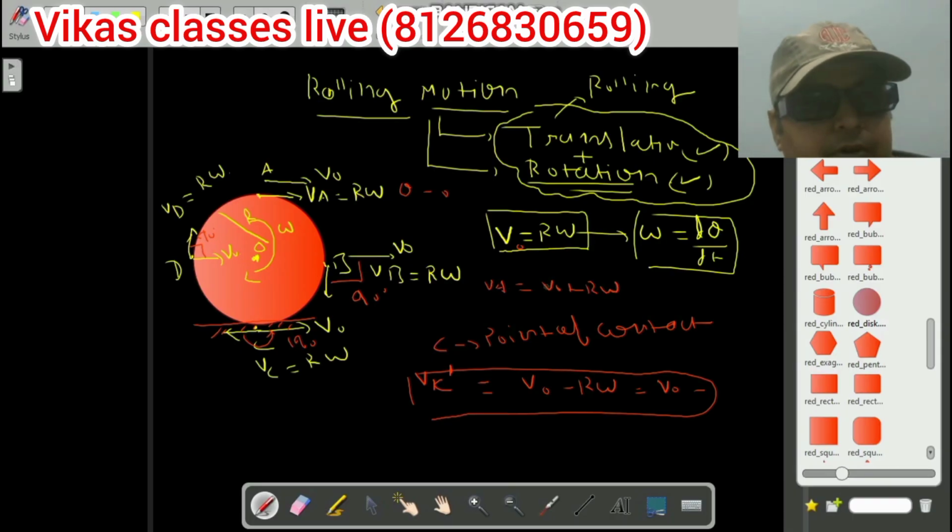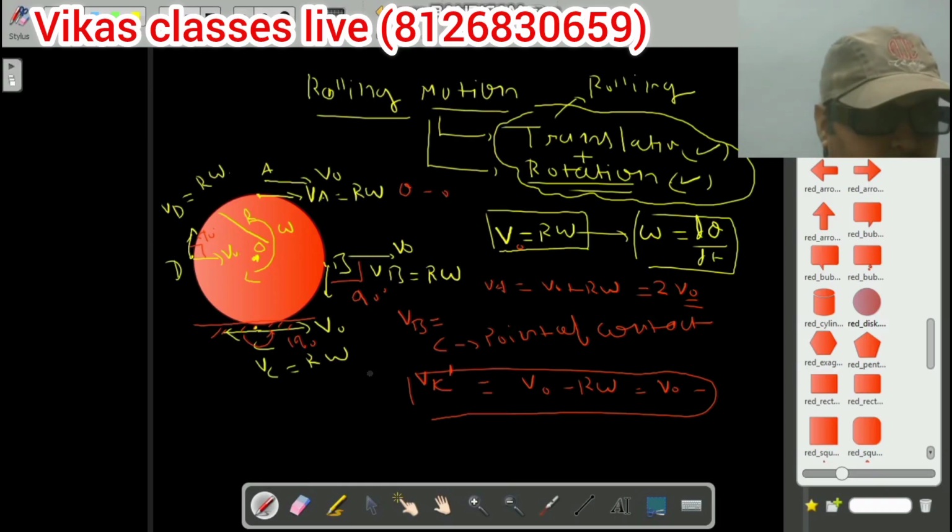It will be added because the angle is 0. The resultant will be twice of v naught. And at points D and B, the angle is 90 degree. What will be the resultant velocity? Vb is equal to, let me first clear this.